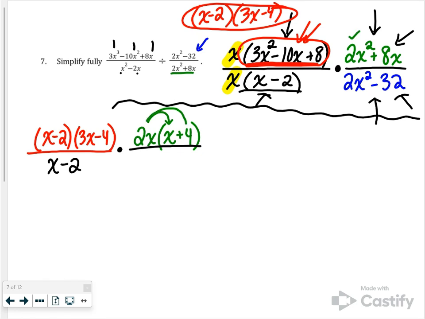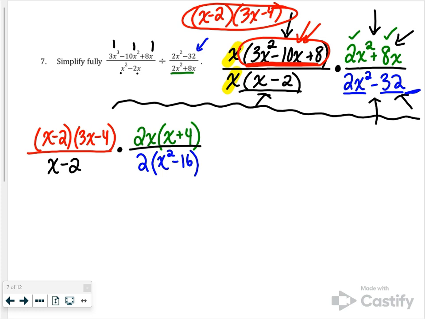And then 2x times plus 4, that's plus 8x, and that's good as well. So we can know that those are correct. And then we're going to factor 2x squared minus 32. Notice there is no x here, so I can't take out an x. All I can do is take out a 2. And we're going to be left with x squared minus 16.